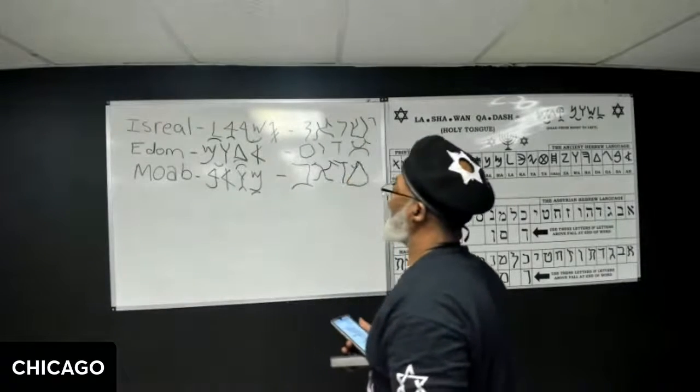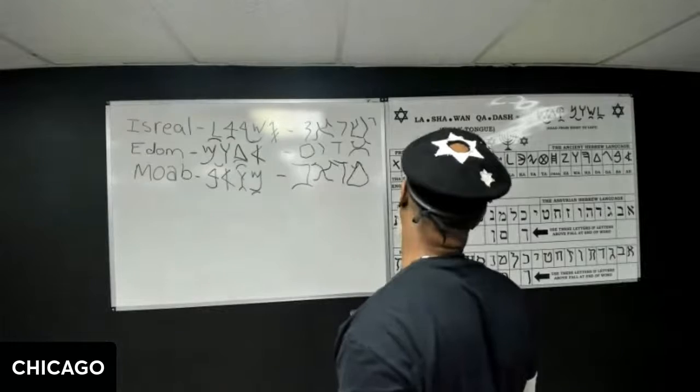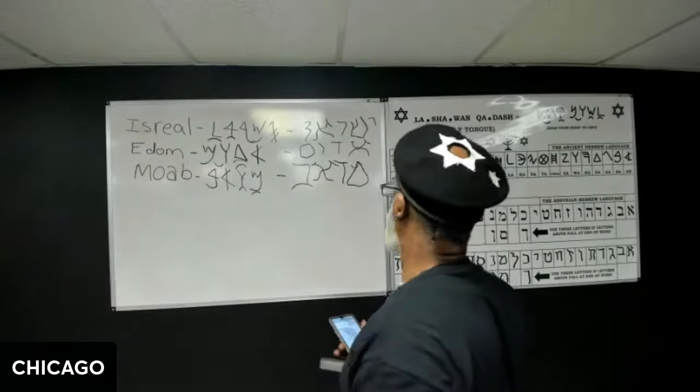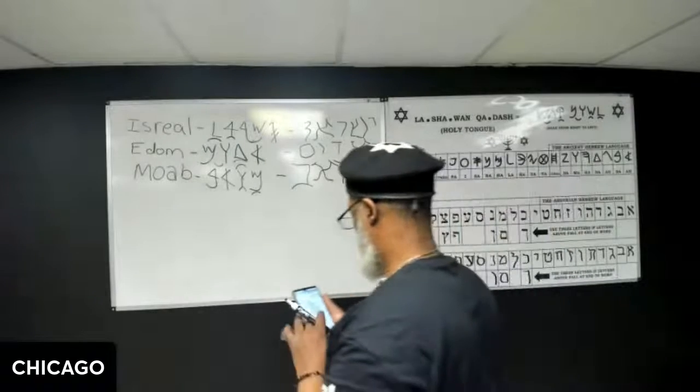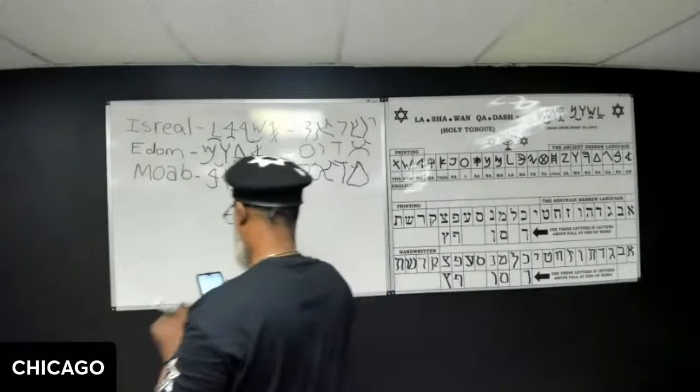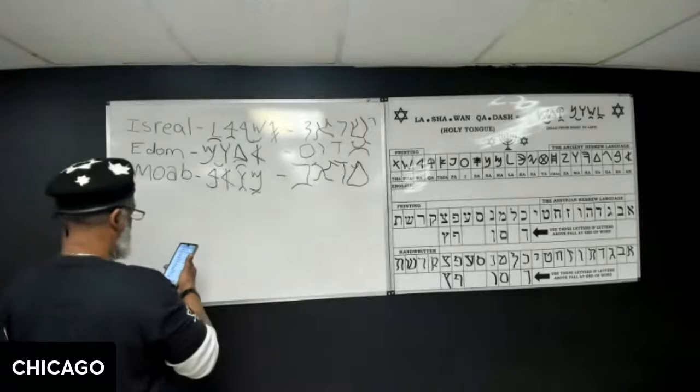Okay, Israel, Edom, and Moab. Moab in the ancient and the Assyrian print. Ammon are the Japanese.